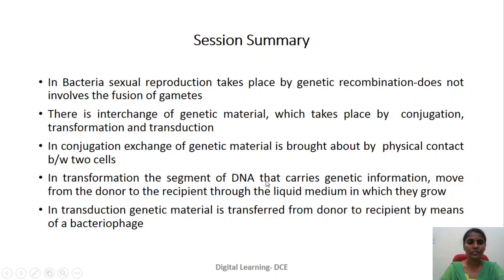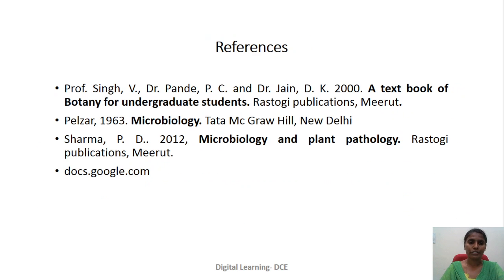In the second method of genetic recombination, that is transformation, the segment of free DNA that carries genetic information moves from the donor cell to the recipient cell through a liquid medium in which they grow. In case of transduction, genetic material from the donor to the recipient is transferred by means of a special type of virus called bacteriophage.